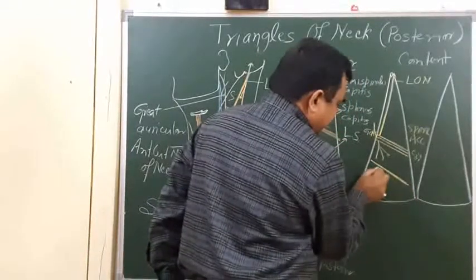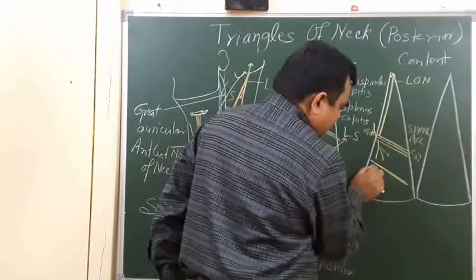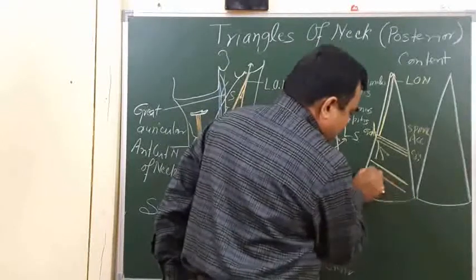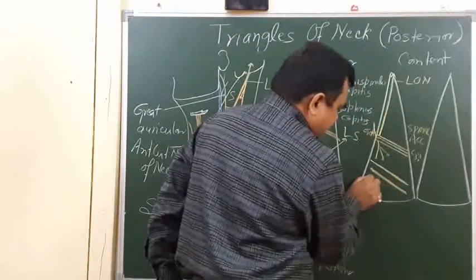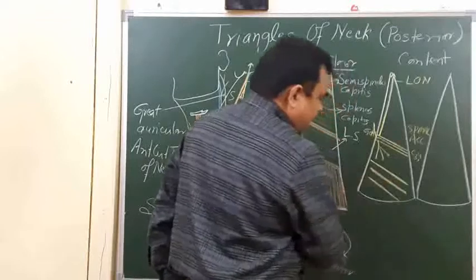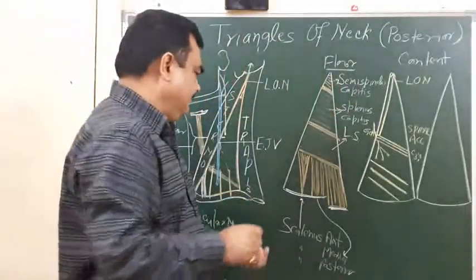And here is the position of the upper, middle and lower trunk of the brachial plexus.